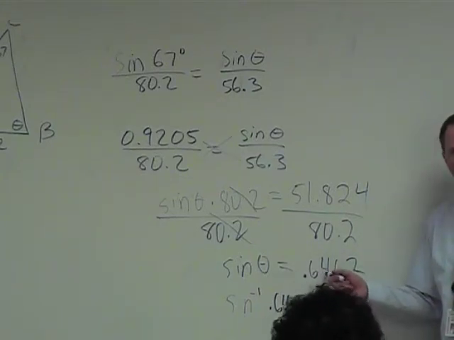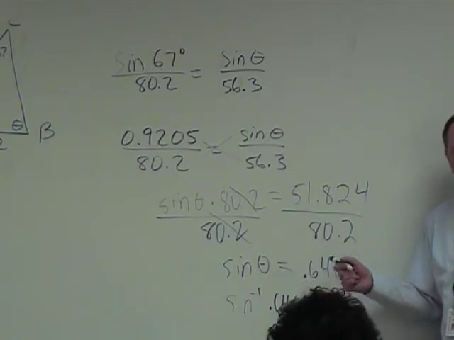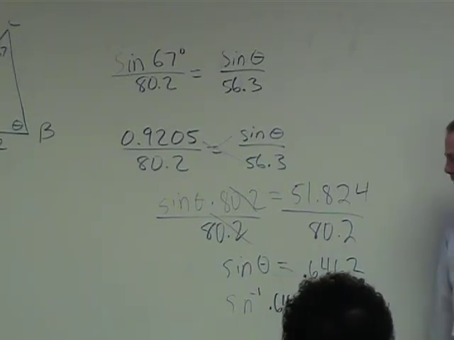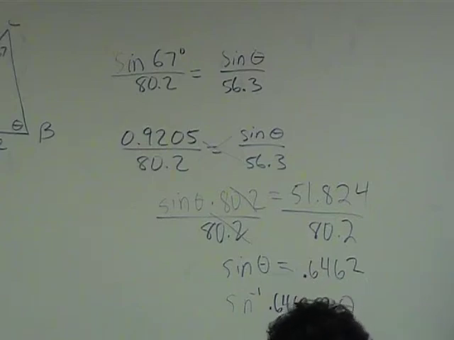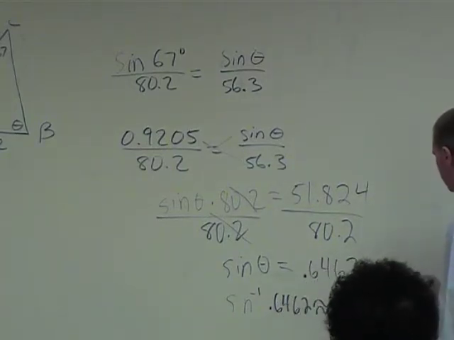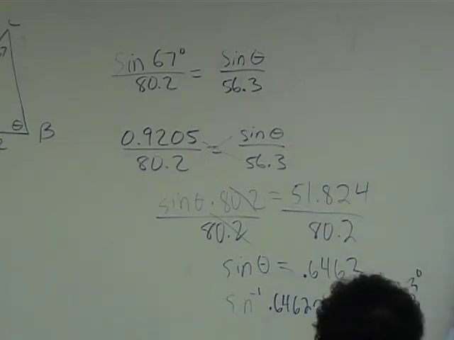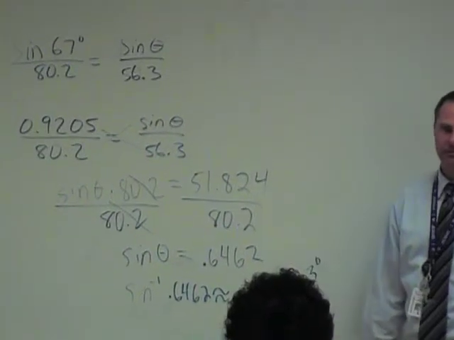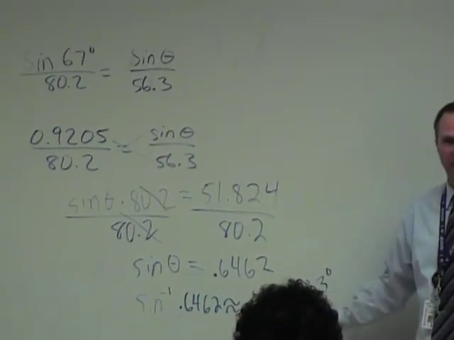So that's what you do at this point, because half your problems are going to have this in them. So you do the arc sine of 0.6462, and what do you get? 40.3. 40.3 degrees. This was the extra part I was talking about. That wasn't that difficult, was it?